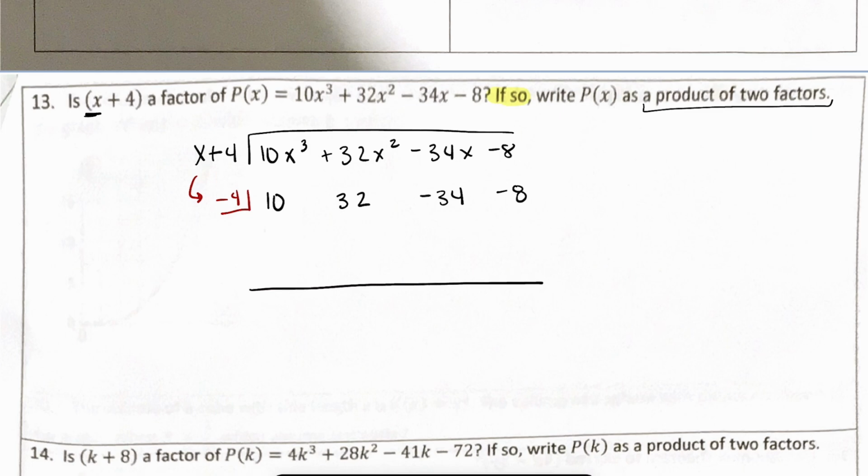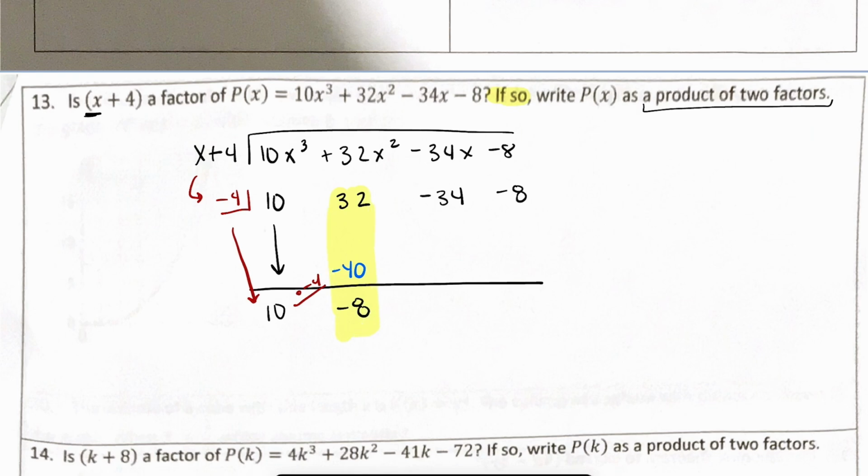And let's go ahead and solve it. We always bring down the first term, so it's 10. And then we multiply here. 10 times negative 4 is negative 40. 32 minus 40, that's negative 8.